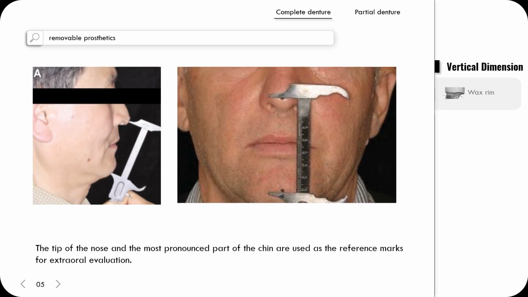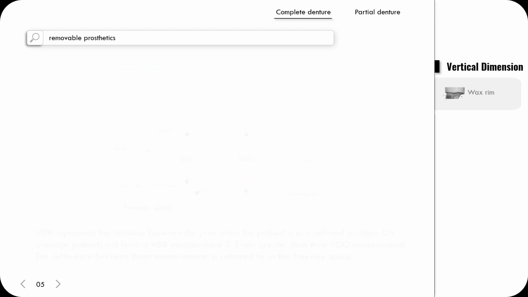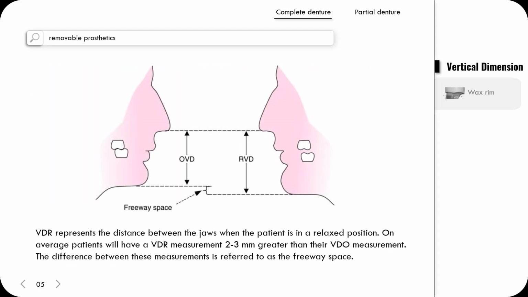Typically you measure from the chin to the nose. That's an easy way to measure extraorally. So this distance is significant if we were to compare it to what we term the vertical dimension of rest. So remember, the vertical dimension of occlusion is when our teeth are together.